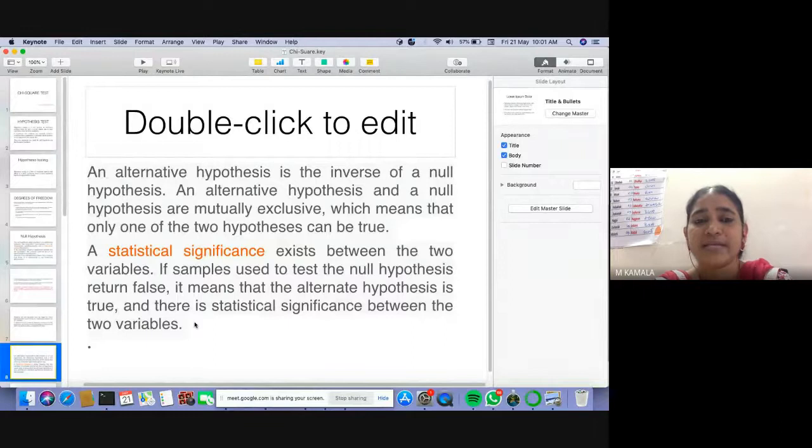Informally, you can say it is the strength of your statement. What is the probability of your statement?